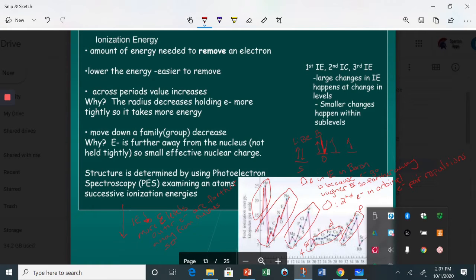So the electrons experience less Coulombic force. Less nuclear pull. Okay, there's too great a distance.